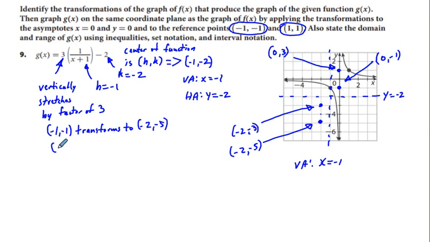And then the other coordinate pair, 1 comma 1, transforms to 0 comma 1. So that's going to be what happens to those 2 reference points.